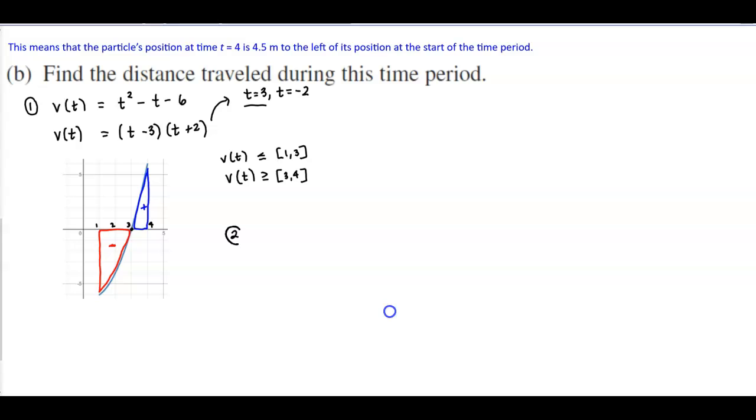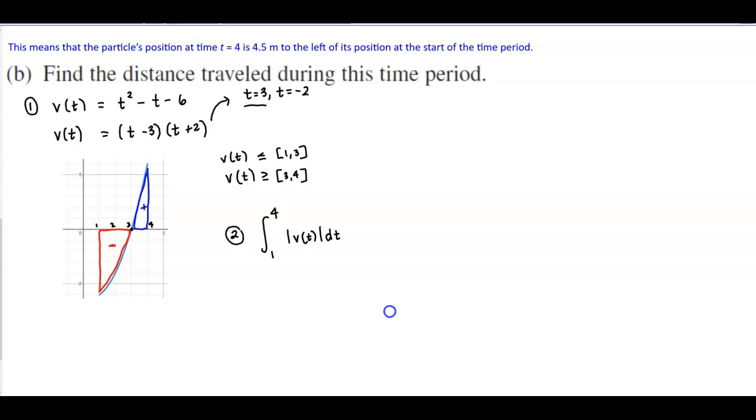So let's go ahead and do that. So now we have an integral going from 1 to 4 of the absolute value of v of t dt, because we're finding the distance. So what does that mean?